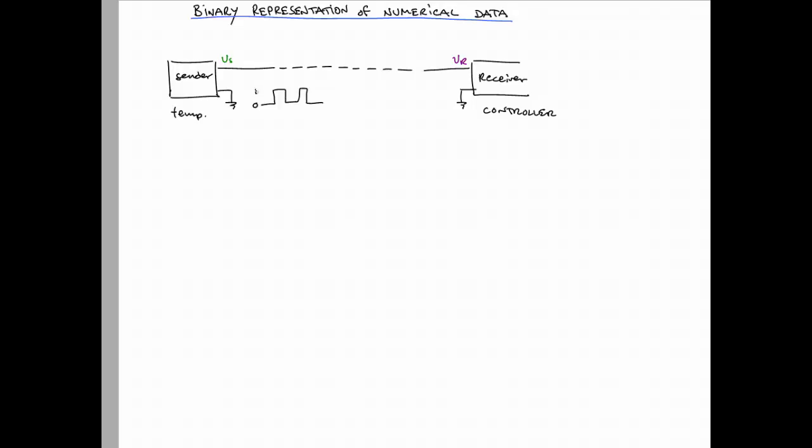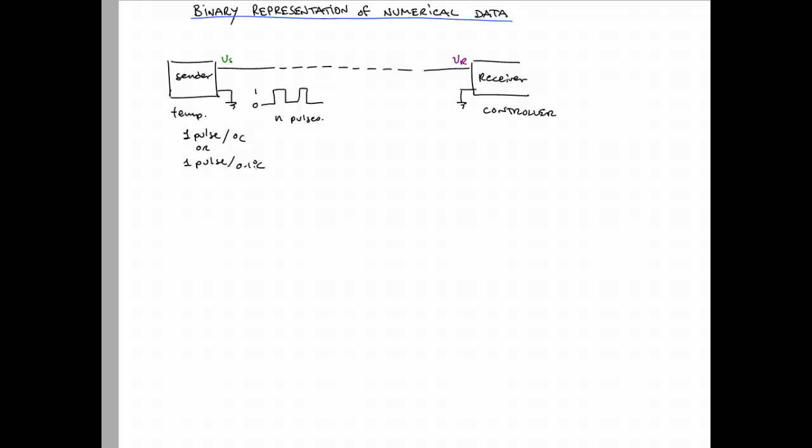So we call these zeros or ones, or low and high, or true false, and we basically just put out n pulses where the temperature scale was maybe 1 pulse per degree C, or if we needed more precision, maybe 1 pulse per tenth of a degree C.